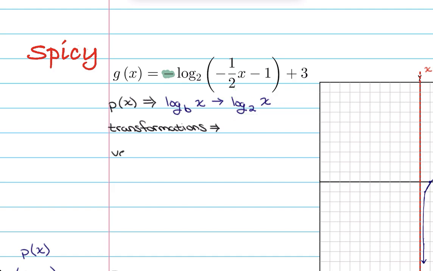So we know that we are going to have a vertical reflection. Okay. The next thing that I come across is this negative sign. So we're going to have another reflection, except notice that this one is now inside the parentheses. It's acting on this x. So this is a horizontal reflection.